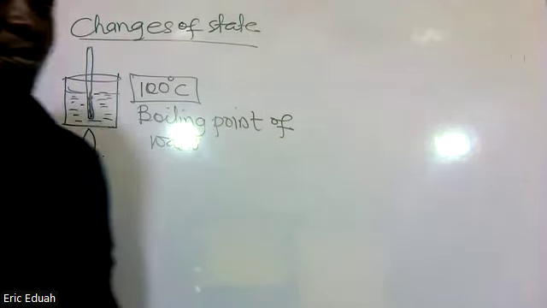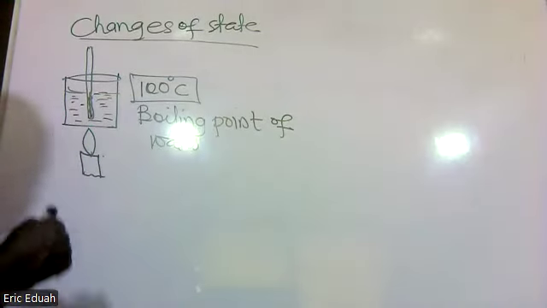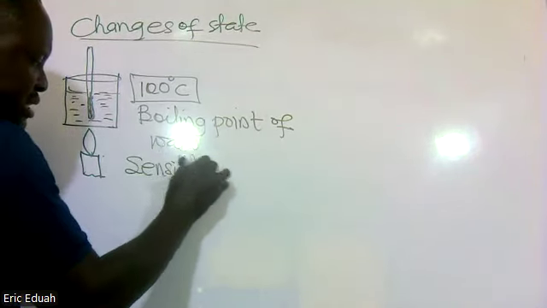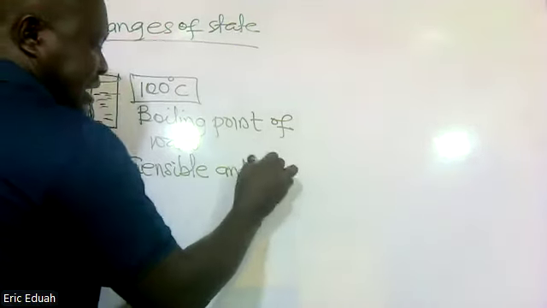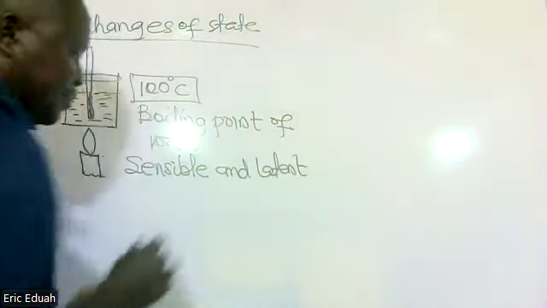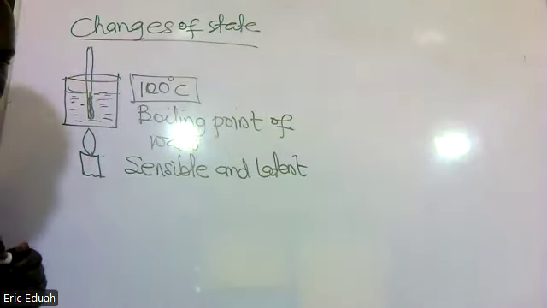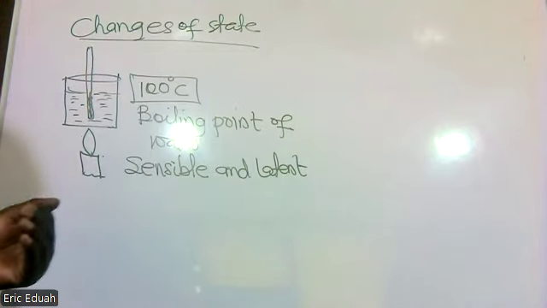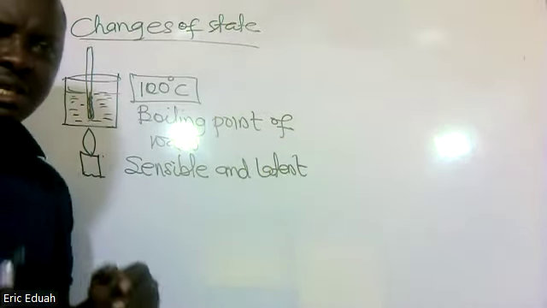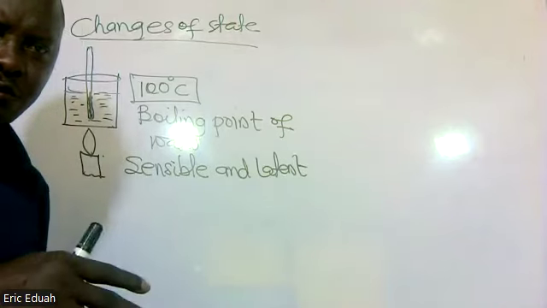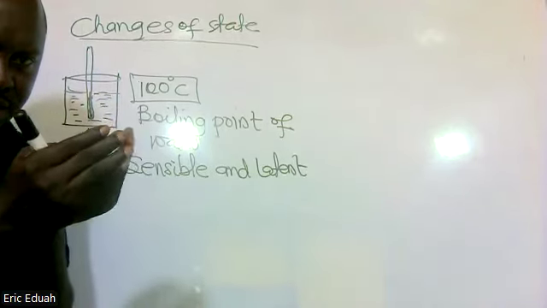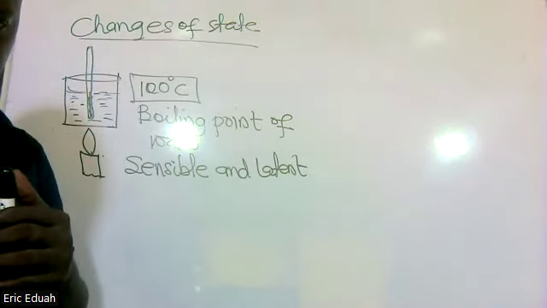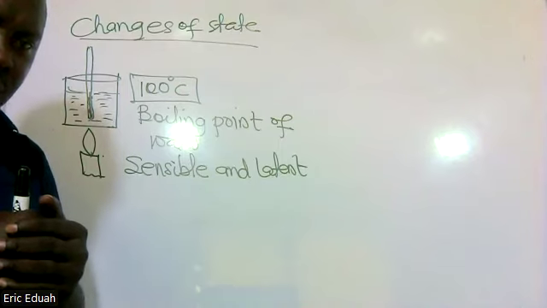Now, last time I explained to you what we mean by sensible heat and latent heat. With sensible heat, we are looking at the amount of heat energy which changes the temperature of a substance.